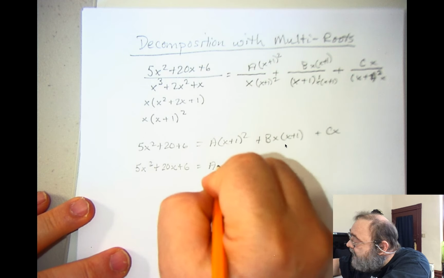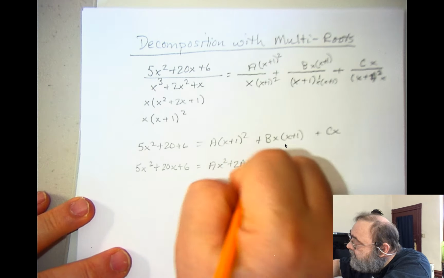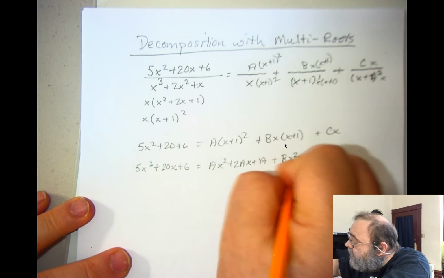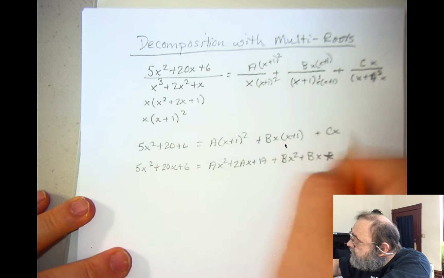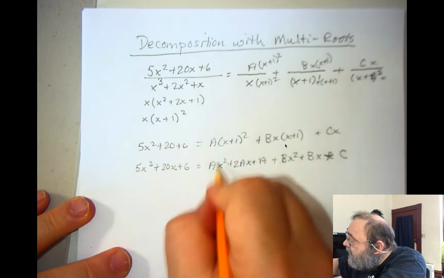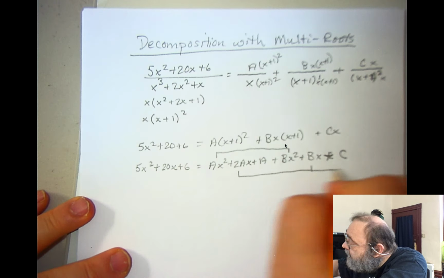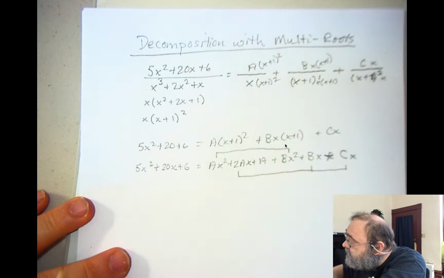You'll notice we get ax squared plus 2ax plus a plus bx squared plus bx plus c. Here I have my quadratic pieces. You'll notice my linear pieces are here, and my constant works with the a alone.